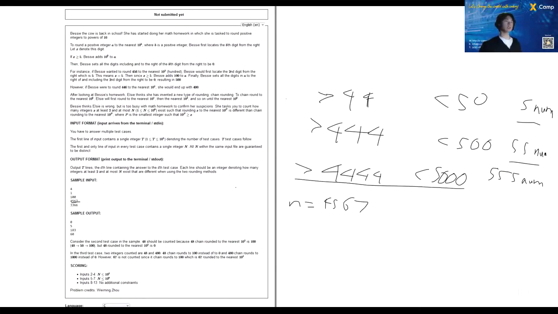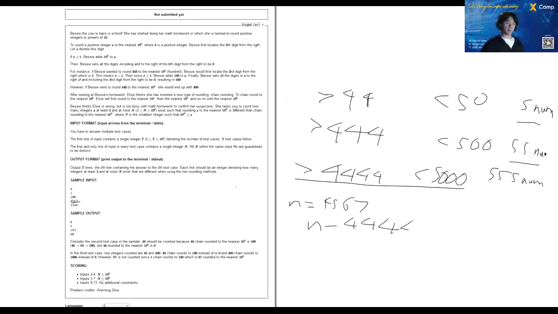From here, we can do some casework on the number of digits that n has. If n's a 4-digit number, we check if it's between 4,444 and 5,000. If n is greater than 4444 and less than 5,000, we just do n minus 4444.